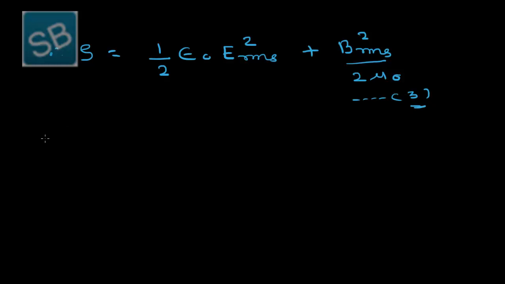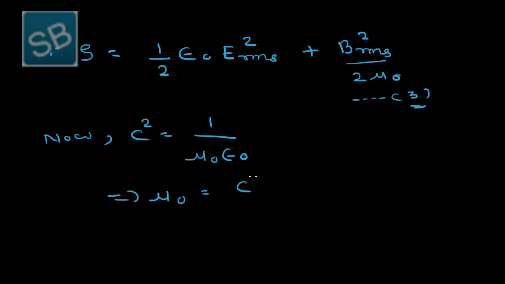Now, c square, if you look at the velocity in free space, is given by 1 over mu 0 epsilon 0. And from this, I can write the value of mu 0 as c square epsilon 0 raised to minus 1.